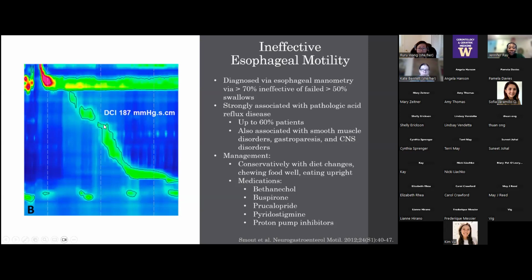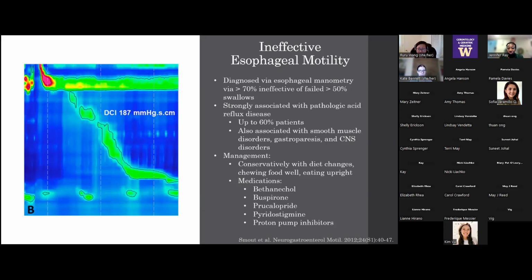How we manage that depends on the severity, again, of the patient. If they can get by with conservative measures, which is chewing their food really well, swallowing and taking breaks in between swallows, chasing the food down with liquids, eating upright, gravity is amazing in terms of just moving things down the esophagus, even if you don't have really strong peristalsis.